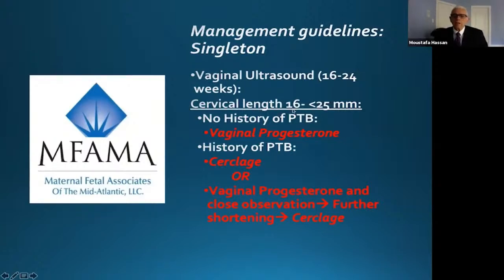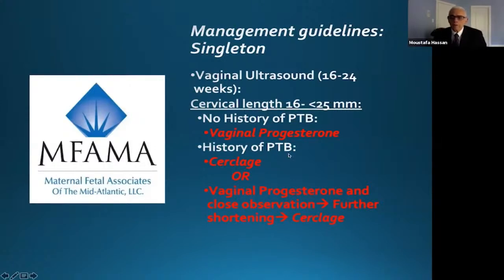Cervical length between 16 and less than 25 millimeters, 16 to 25. No history of preterm birth, you may consider just giving vaginal progesterone. The protocol that we use is 200 milligrams of progesterone every night until 36 weeks.